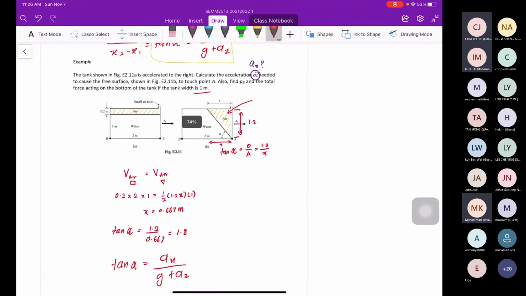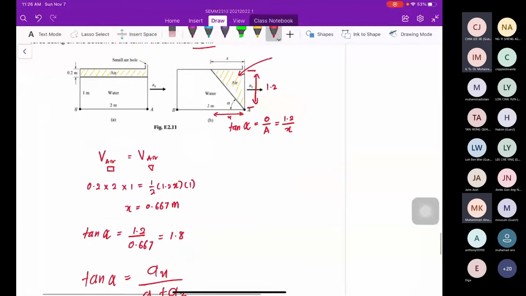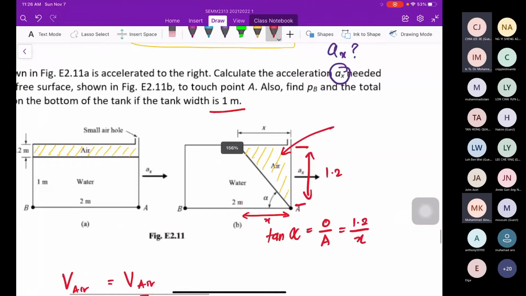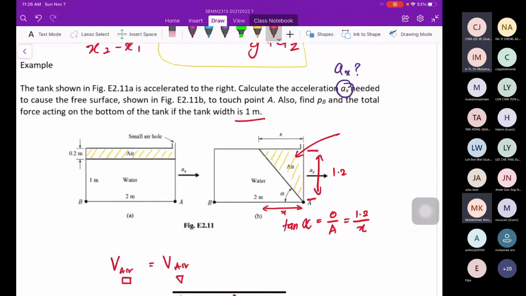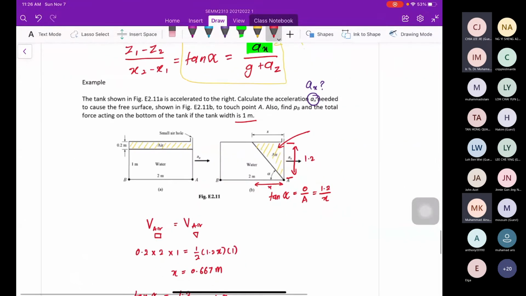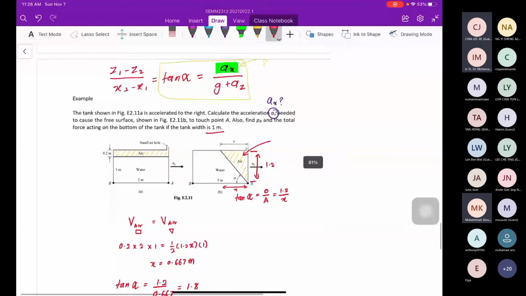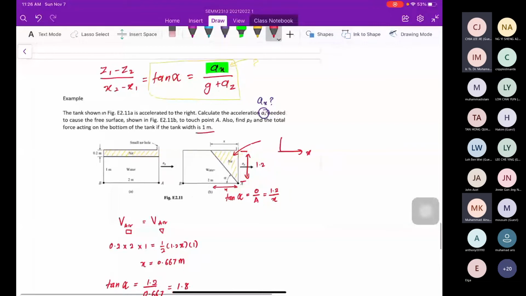What do you think of the az? You can see the motion in the horizontal direction. Is there any motion in the vertical direction? This is x and this is z. Is there any motion in the vertical direction, class?